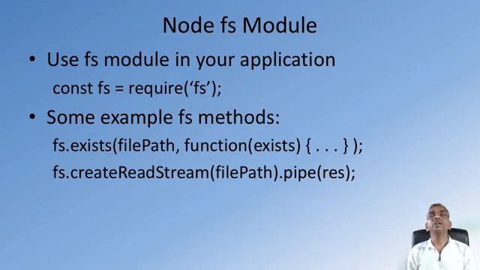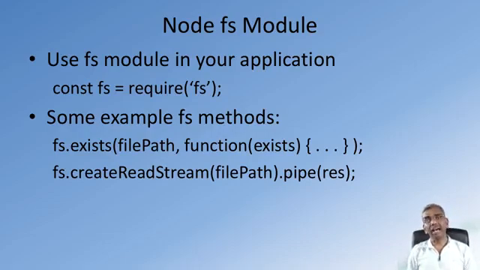Similarly, you can read from the file by creating a read stream given the file path. So you can say fs.createReadStream and the file path, and this can be piped into the response message. So the file will be read in from the file given by the file path, and then the contents will be put into the body of the response message by calling a chained function as shown here.